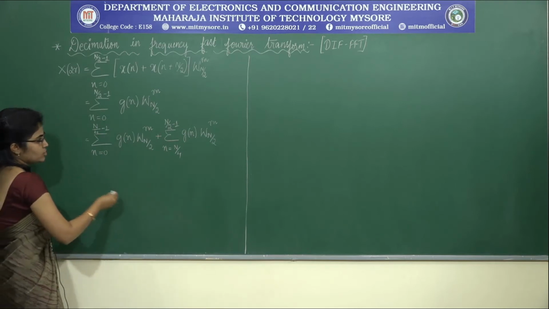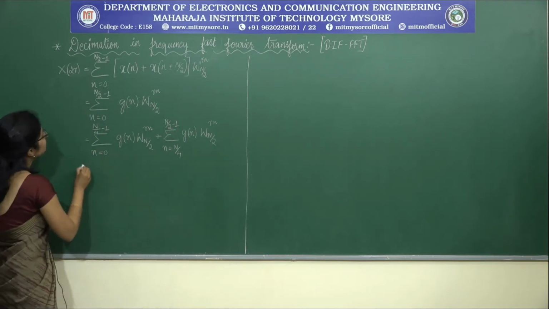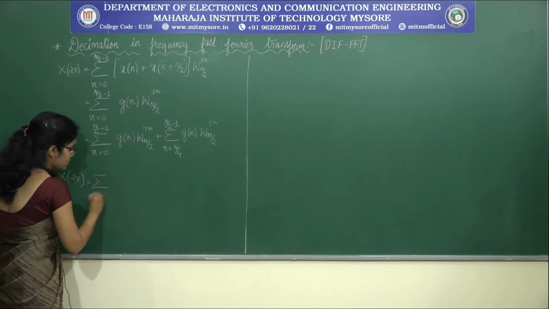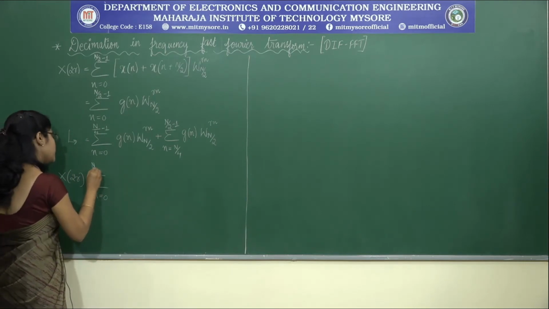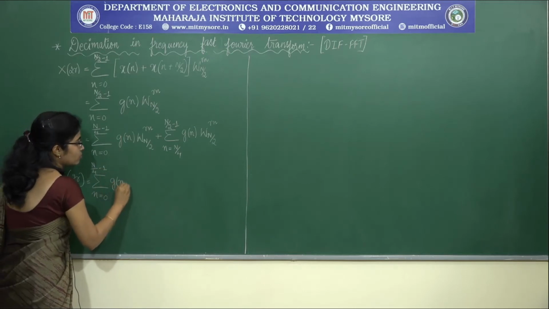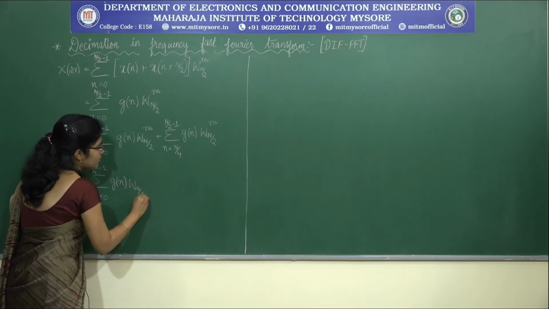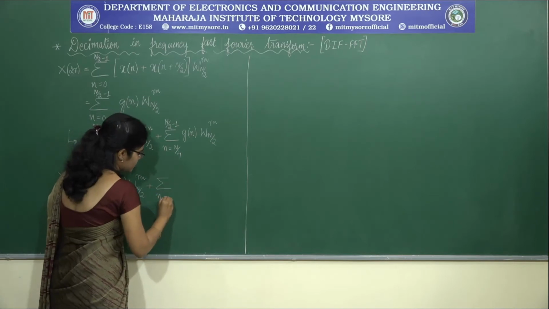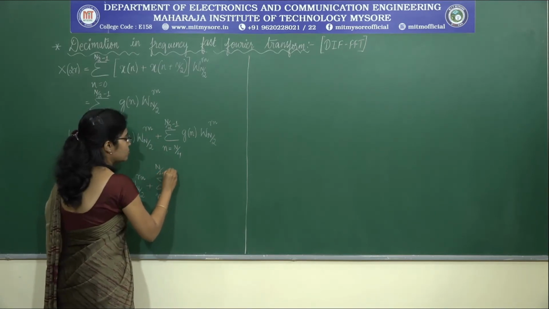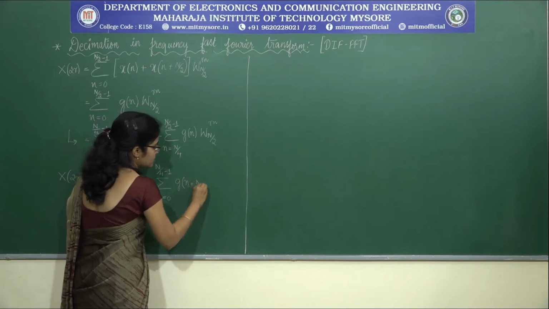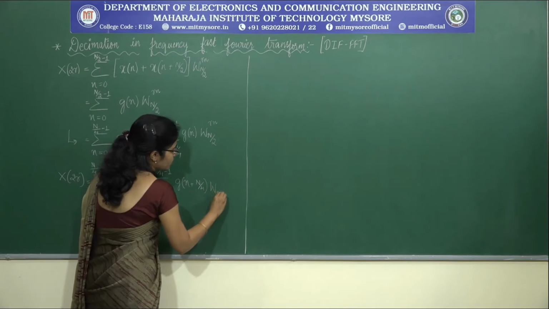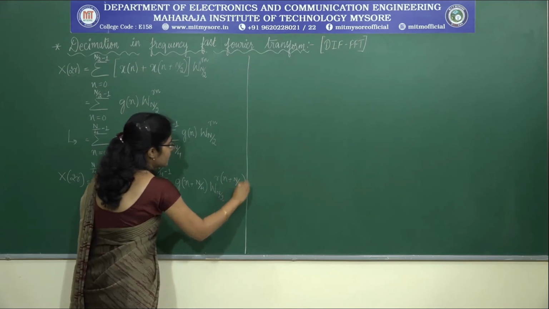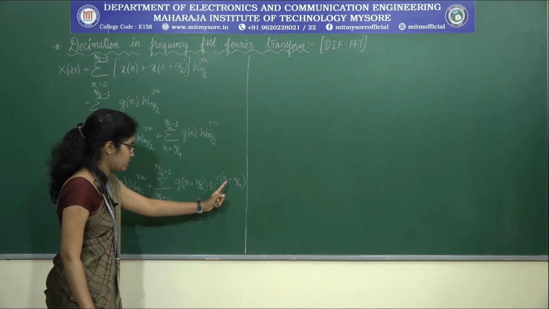If I rewrite the equation by taking the substitution for the second summation, x of 2r will be equal to summation n ranges from 0 to n by 4 minus 1 g of n into omega n by 2 to the power of Rn plus summation n ranges from 0 to n by 4 minus 1 g of n plus n by 4 into omega n by 2 to the power of r into n plus n by 4.